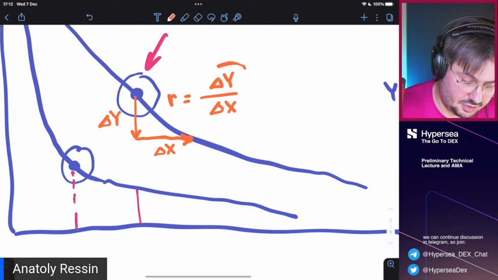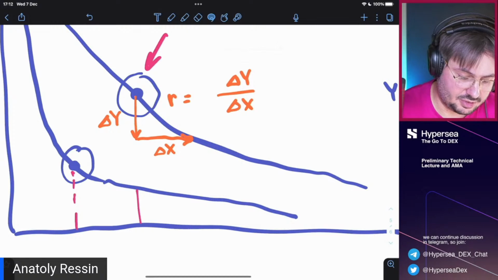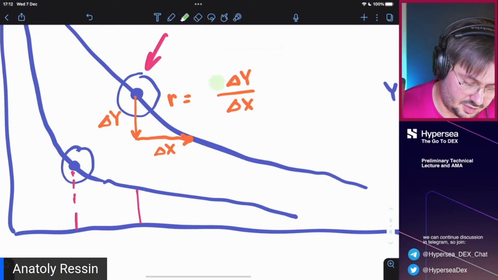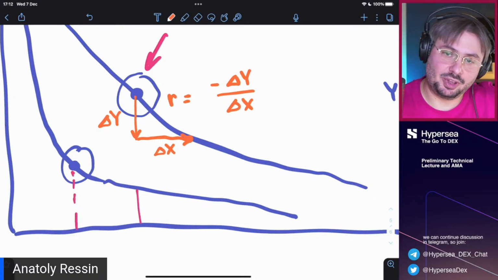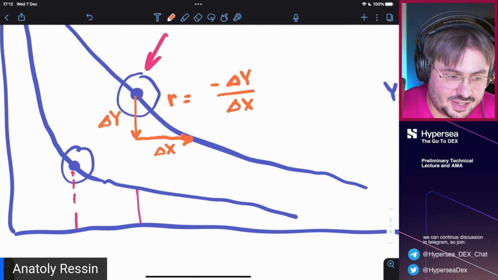But you also need to put a minus sign, because dy is negative, as it's going lower in this case.